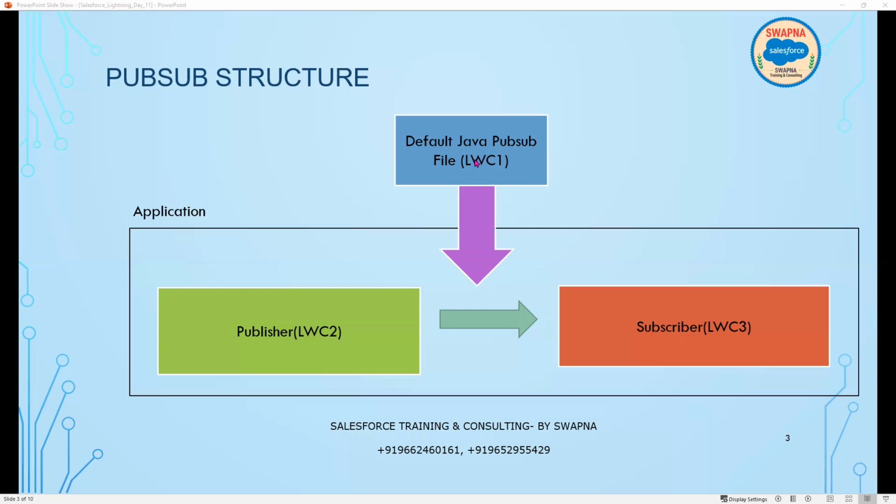Then within the PubSub, we have different methods to fire an event and register an event. So those methods we have to call. Fire event should be called from the publisher. Register event listener should be called from the subscriber. By using those two concepts, we will be able to send the data from the publisher to the subscriber.